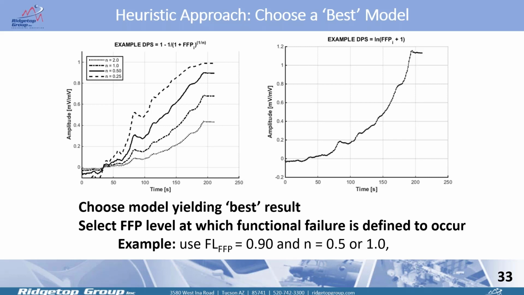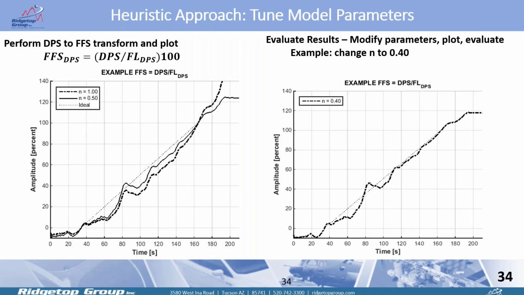So therefore, I can reject the exponential as being the solution and stick with the power. Next. And when I do that, I say, well, okay, let me try a half and a 1, and those are the 2 solutions for n equals 1/2 and n equals 1, and there's a straight line there, and that's the ideal. So then I say, well, okay, let me try 0.4, and I plot it, and look at that. That's much more linear than what I started with.